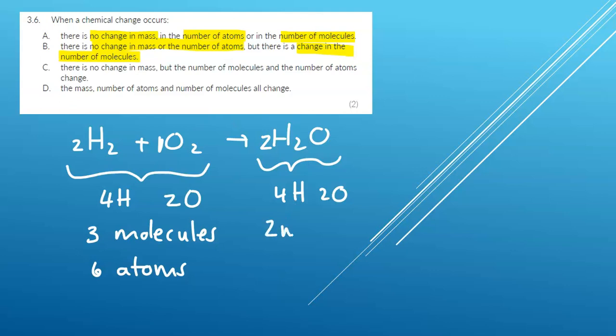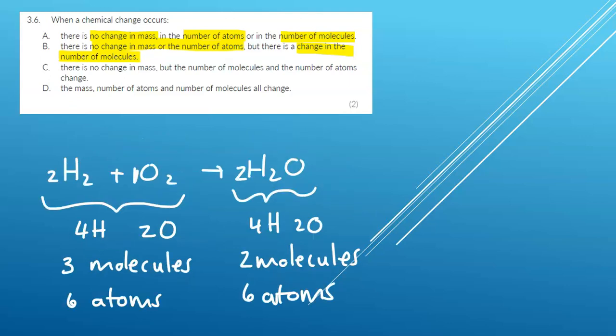I have 2 molecules, and I still have a total of 6 atoms. Okay. And now the other thing that they ask me about is the mass. There is a law that is similar to the law of conservation of mechanical energy. In chemistry, it is just called the law of conservation of mass. And that is always true. So if I start with 10 grams of whatever, I will end up with 10 grams of whatever. Okay. So there's a law of conservation of mass that is applicable to chemistry.